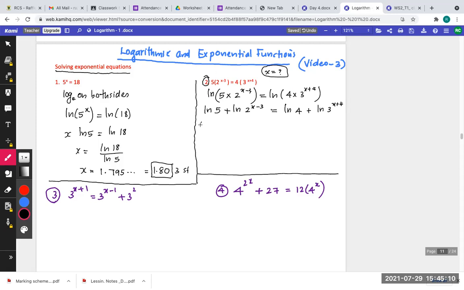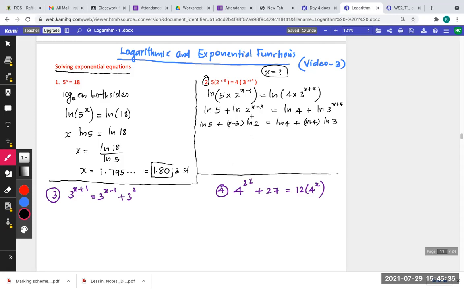So ln 5 stays as it is, plus x minus 3 times ln 2, equal to the same thing on the right side: ln 4 plus x plus 4 times ln 3.